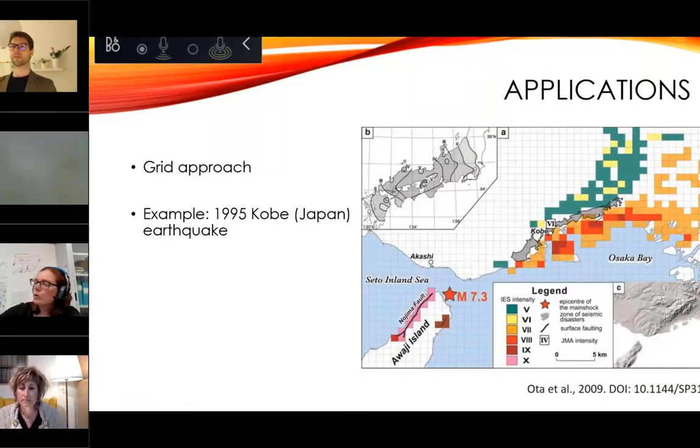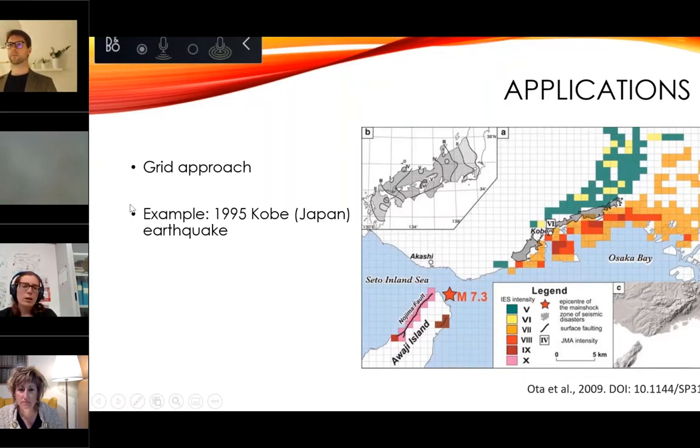Another type of approach is instead based on, let's say, a grid. So the territory is divided into cells with a regular dimension, and an intensity is assigned to each cell.